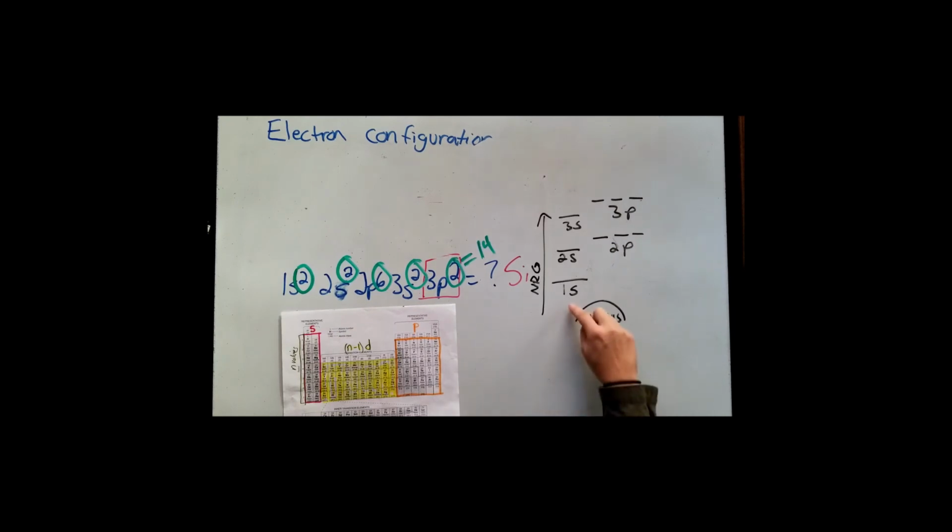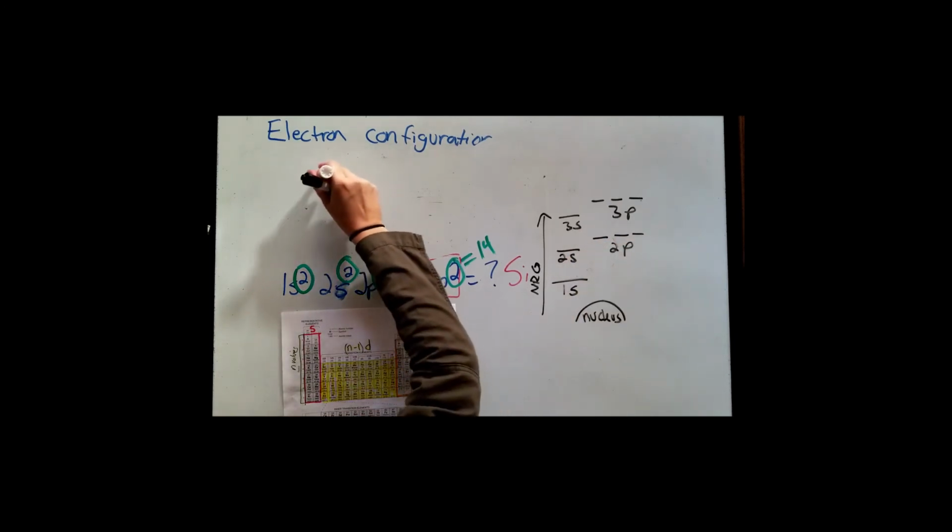You'll also notice the s's only have one blank space. The reason the s's have one blank space is because they can only hold 2 electrons. So one of the rules when filling these up is that each orbital, which is what these little spaces represent, can hold a max of 2 electrons.